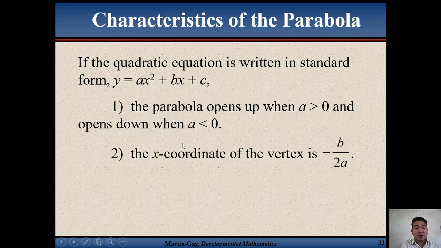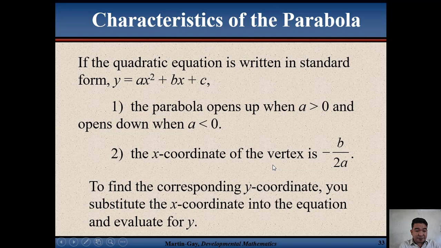2. The x-coordinate of the vertex is negative b over 2a. So if the quadratic equation is written in standard form, to get the x-coordinate of the vertex, you use the expression negative b over 2a. Just substitute b and a here to get the x-coordinate of the vertex.